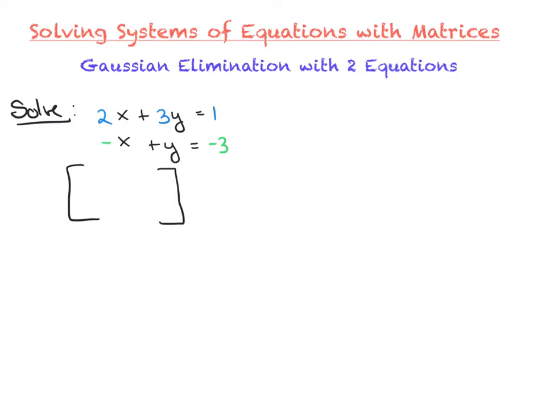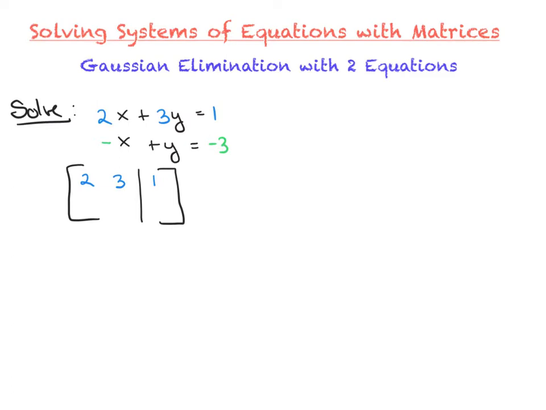So for the first equation, we have 2x plus 3y equals 1. I'm going to write the coefficients 2, 3, and the constant 1. And to represent the equal sign, I'm going to put the equals bar down there. That's what makes it an augmented or a separated matrix.